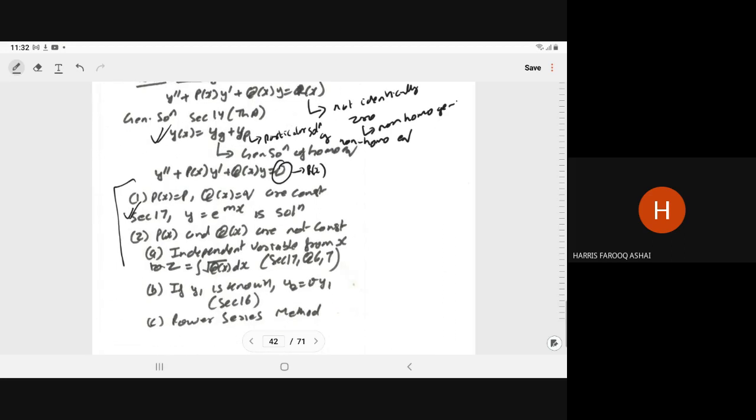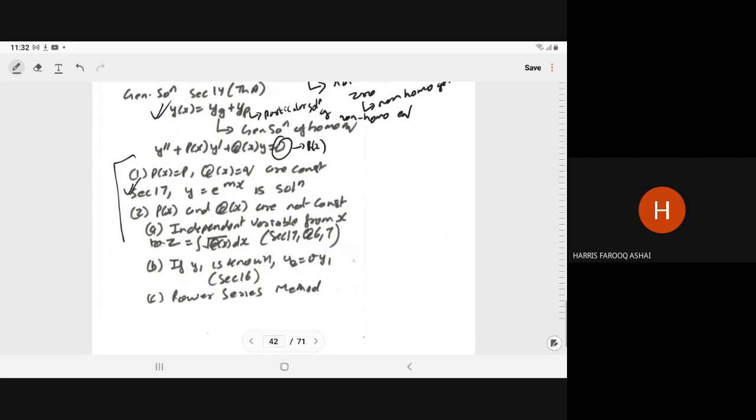Then if p and q are not constant, we can use a substitution to convert the independent variable from x to z, with z equal to integral of root q dx. That is question number 6 and 7 of section 17.